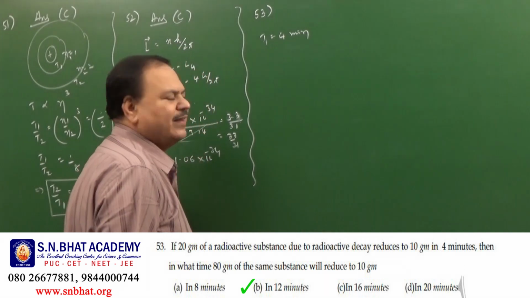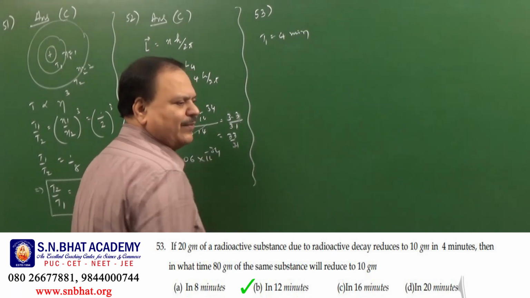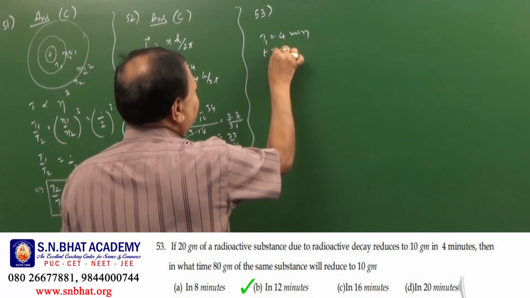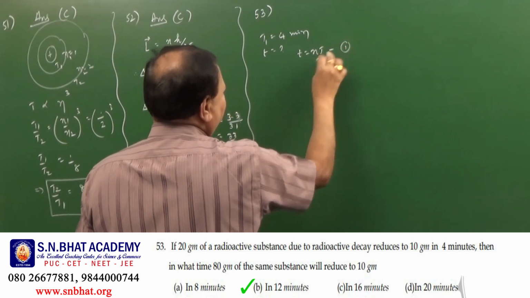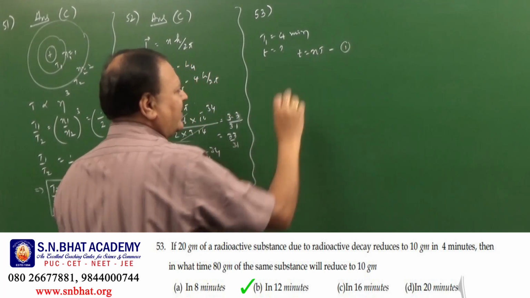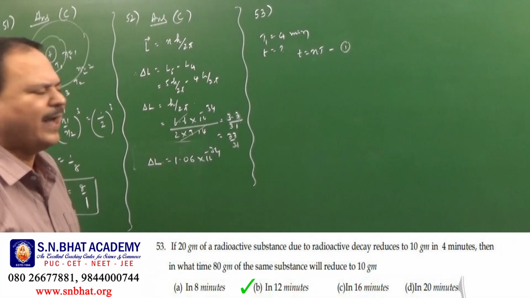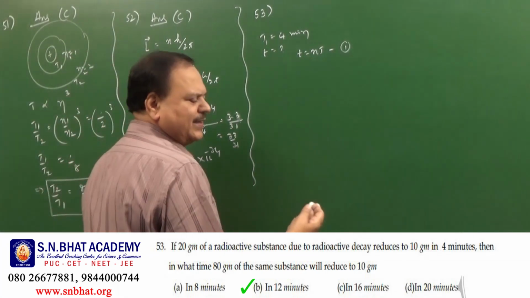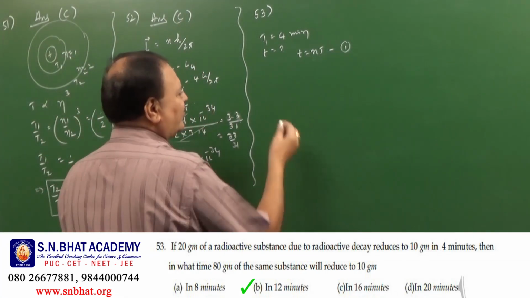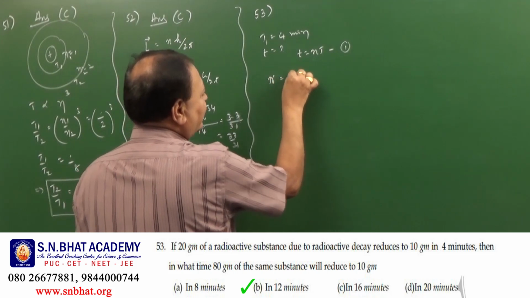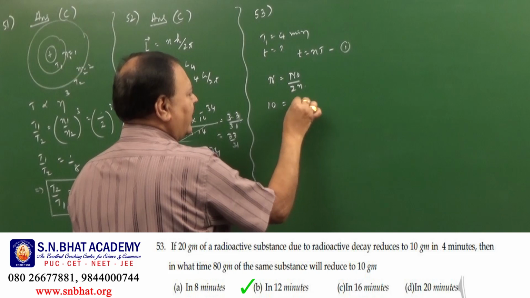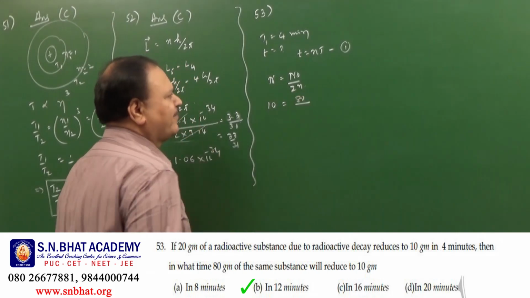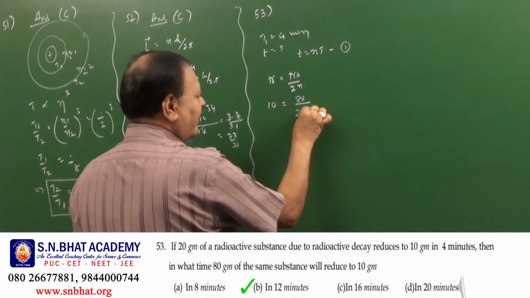Sir, how to do this formally? We know T1 is the half life. His question is what is the total time taken. Your formula is T is equal to nT, equation number 1, where n is the number of half lives and T is the half life. You should remember this. The original value is 80, and the final is 10, so your formula is N is equal to N0 into 2 to the power of n. The original value is 8 into 2 to the power of n.